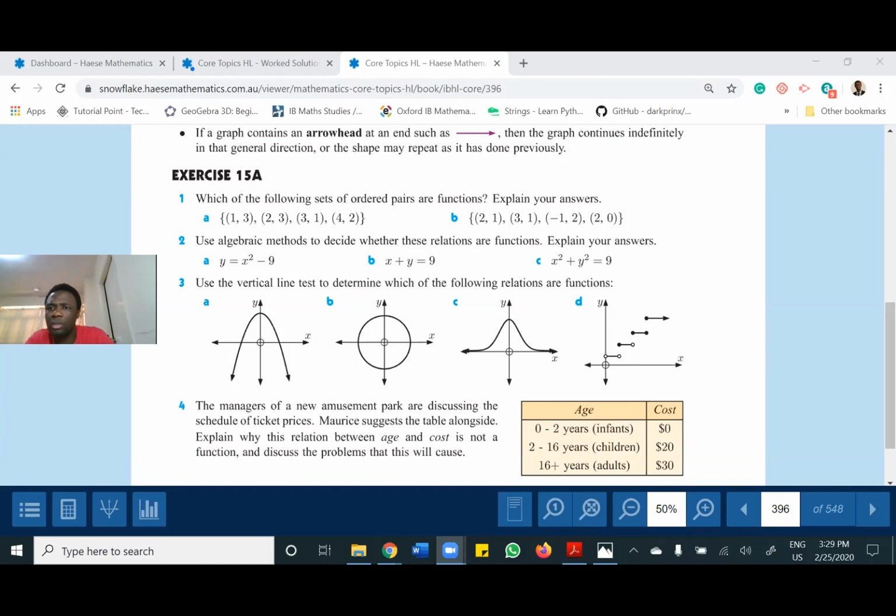Oh, Krista, what are you saying? Because when I scroll down your message, I don't go back. So what is your point in number 2? Krista, what's your point? You only had an explanation. Are you saying it is not a function or it is a function? What's your point?